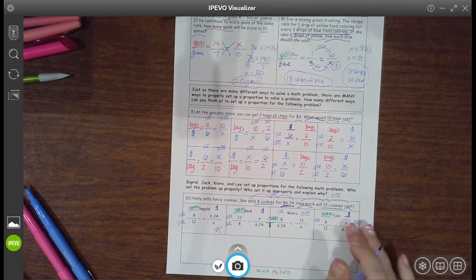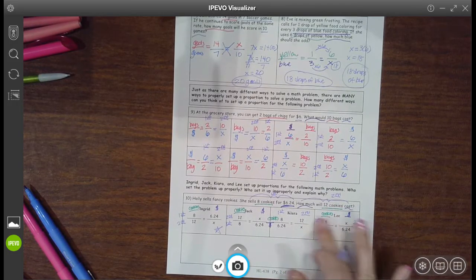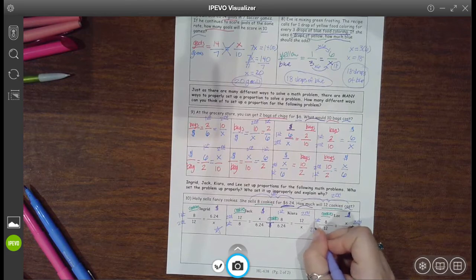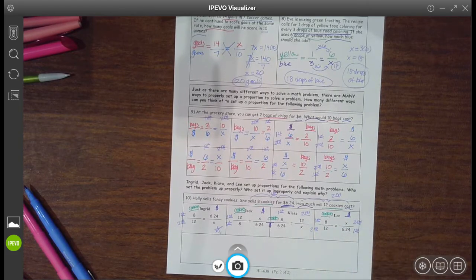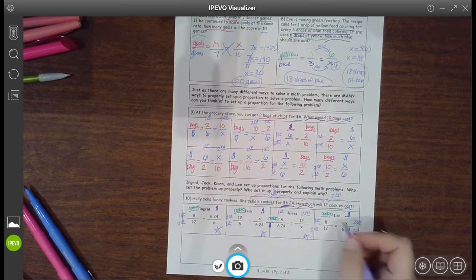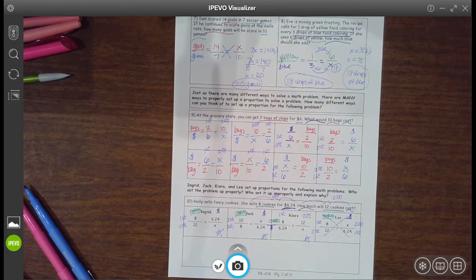So it's not that since we did these, these have to both be from the first. But he did that. This is from the first, this is from the second sentence, and this is from the first sentence here. It doesn't line up. So he wasn't consistent with the way his information was laid out. So Ingrid, Jack, and Kira all did it correctly, and Lee did not.